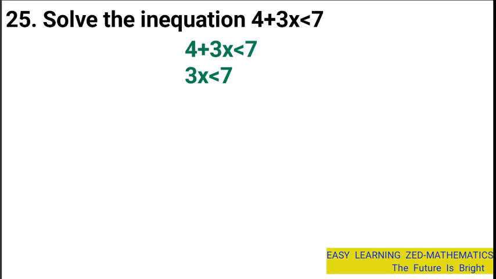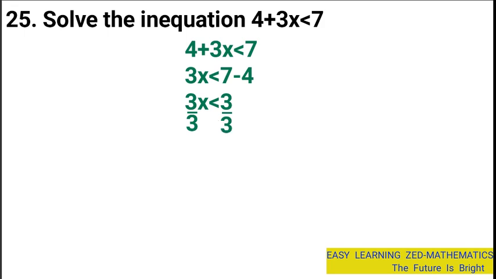Then we're going to have 3x is less than, then 7 minus 4 will give us 3. At this stage I want to remain with x on one side of the less than sign, so that means I'm going to divide both sides by 3, so it will be over 3, over 3.